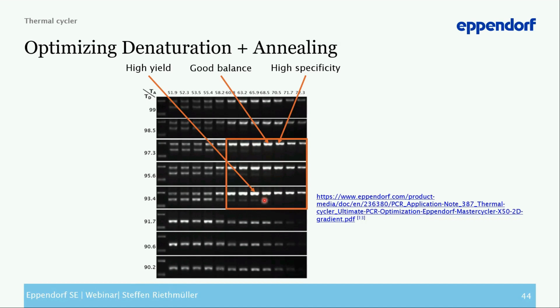If you're really looking for a nice yield, so a lot of amplicon, you maybe go for this combination of temperatures. If you're more interested in a very pure product, then maybe this combination is suitable for you. If you look for a nice compromise, a good balance, then you can use this combination of temperatures.